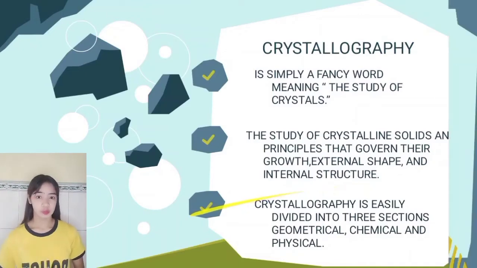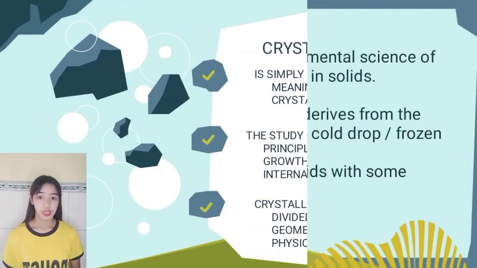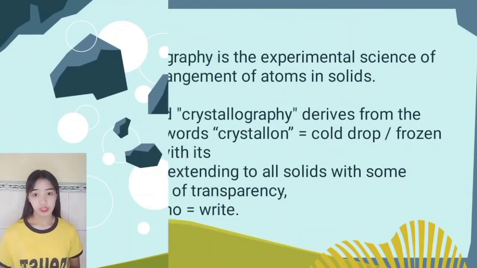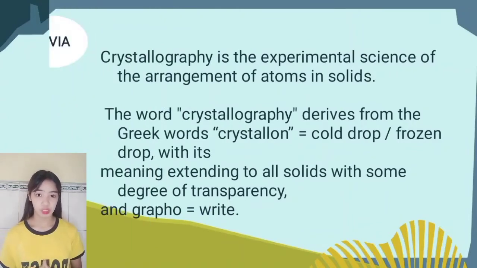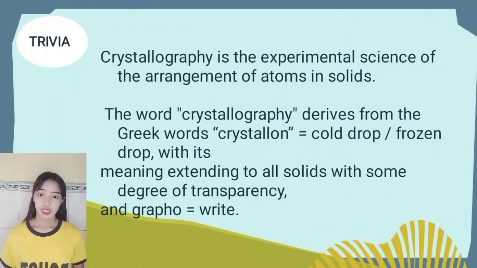So here are some trivia about crystallography. Do you know that crystallography is the experimental science of arrangement of atoms in solids? In fact, the word crystallography derives from the Greek words kristallon, which means cold drop or frozen drop, with its meaning extending to all solids with some degree of transparency, and grapho means write.